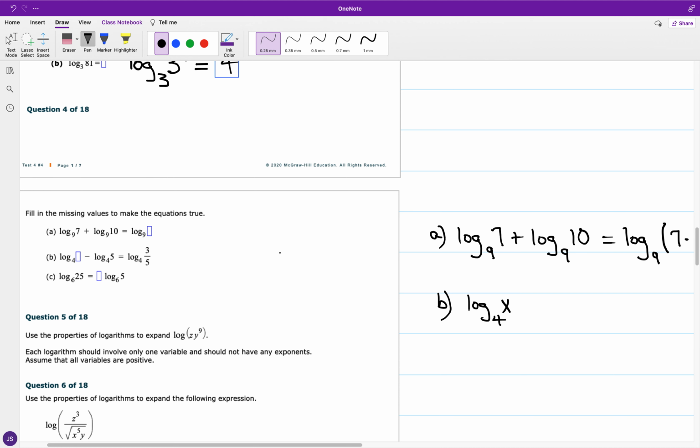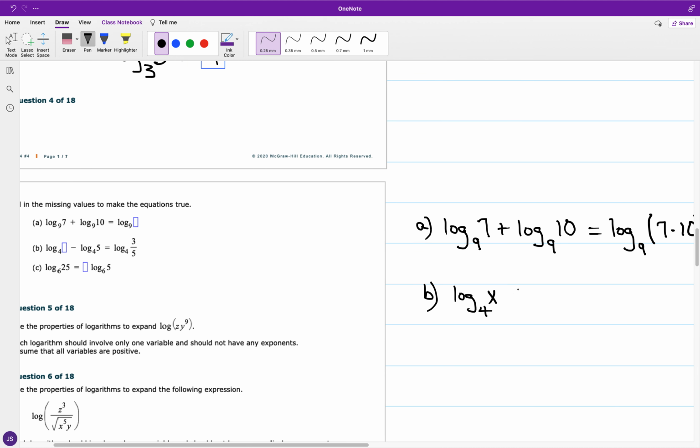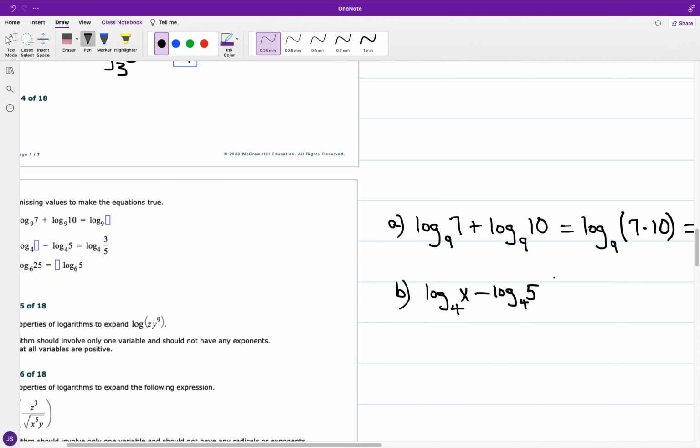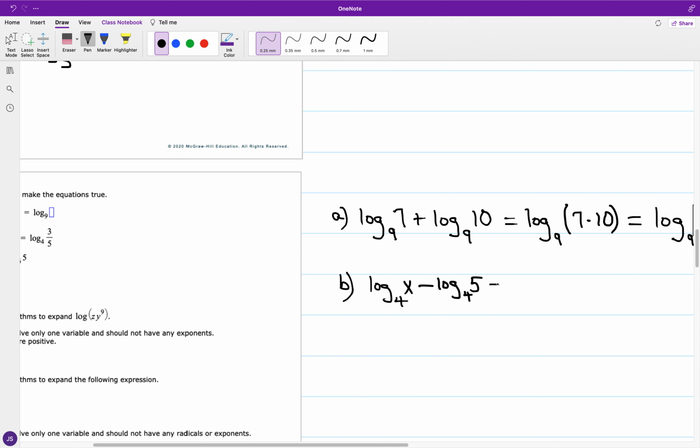So we have the base 4 logarithm of x minus the base 4 logarithm of 5 is equal to the base 4 logarithm of 3/5. This is a logarithmic equation.